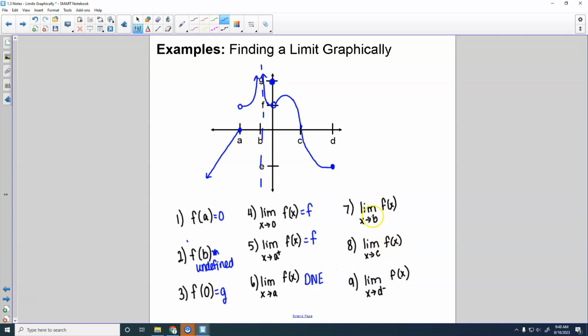Lucian, what about the limit as x approaches b? It can be two things. It can be does not exist. Okay, or you have a vertical asymptote there, and both sides are going up, right? So what is up there? Infinity.